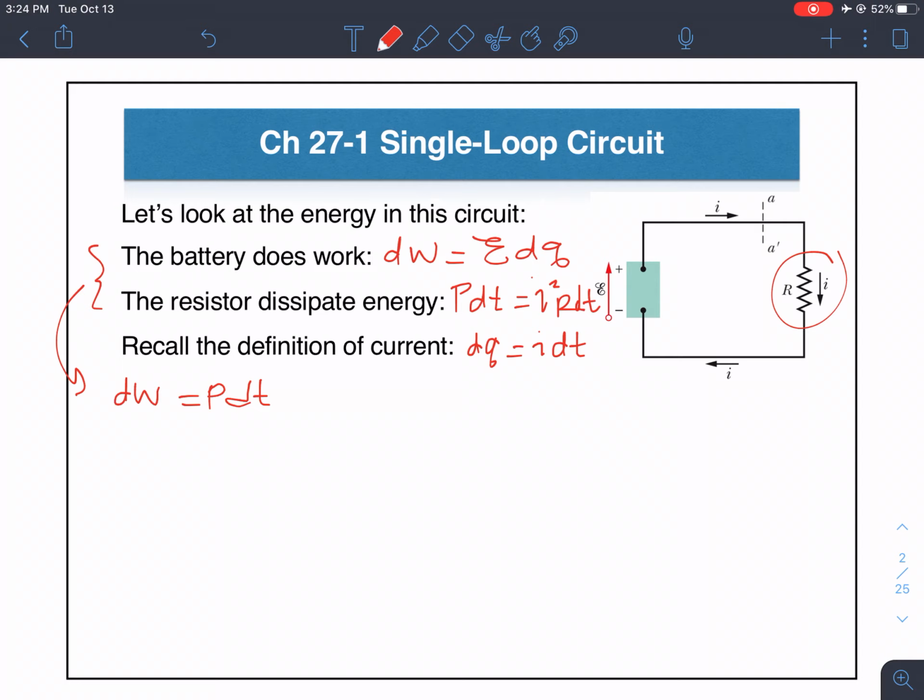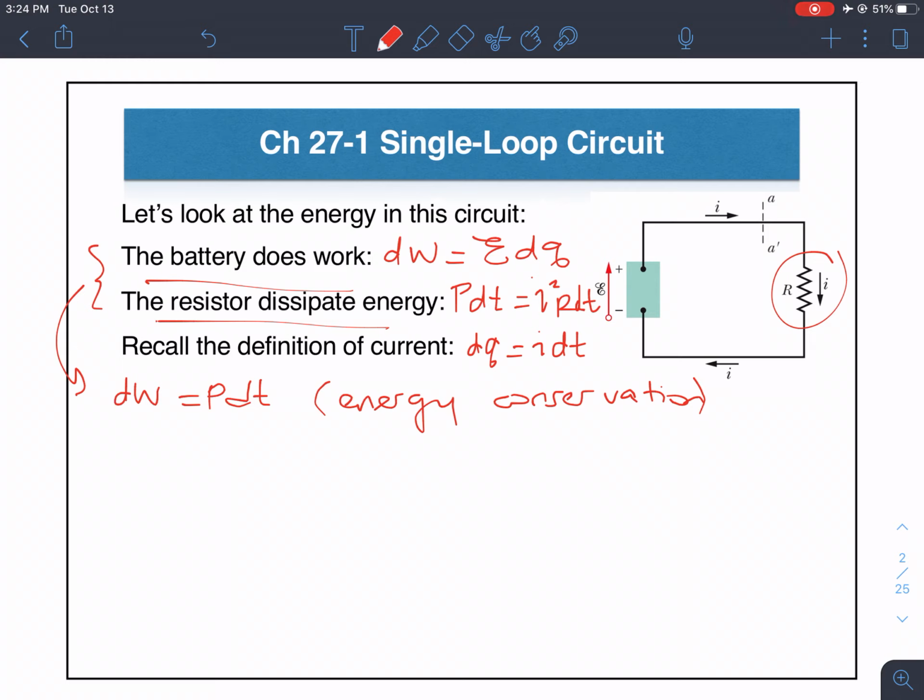This comes from energy conservation. The energy released by the battery is used by the resistor, right? So the battery pumps up the charge, that's the energy it has, and the resistor will dissipate that energy, and this is the energy that we found in the second line. So these two should be equal to each other because energy is conserved.